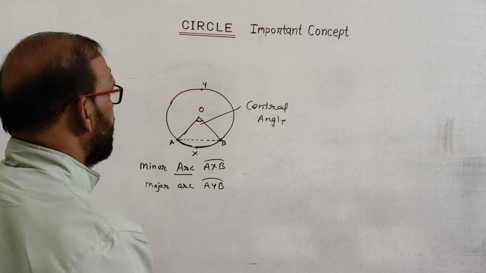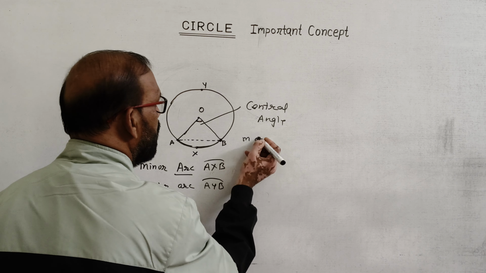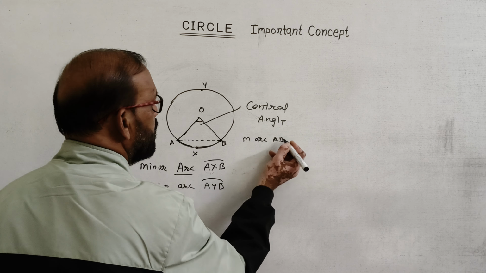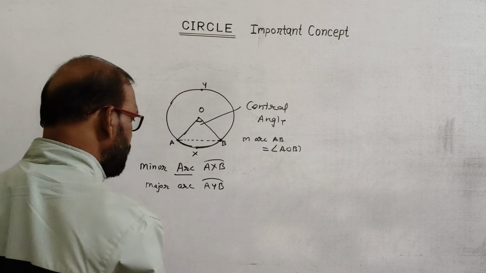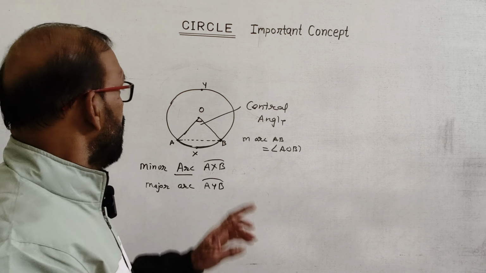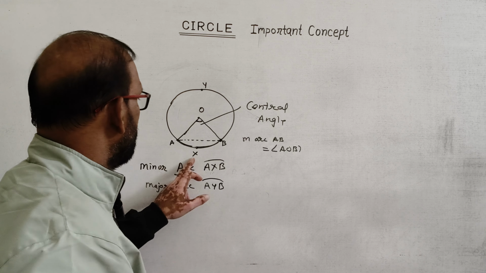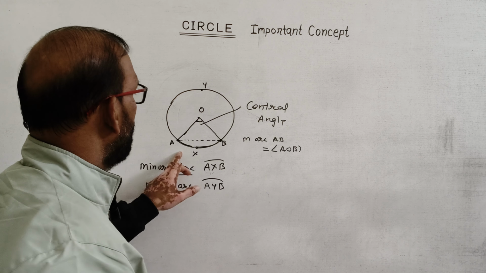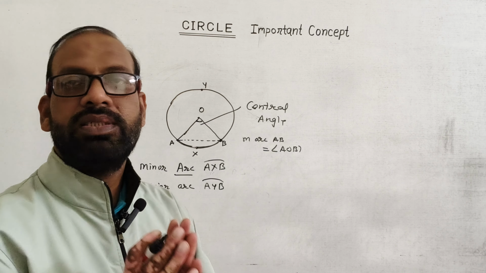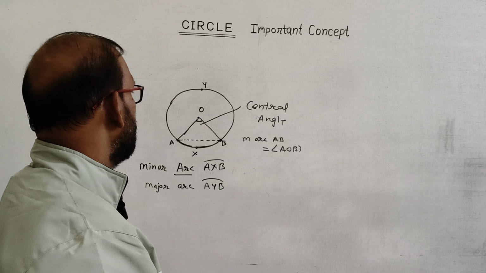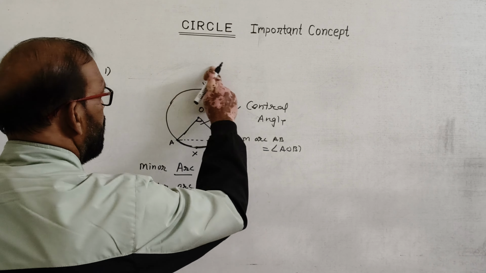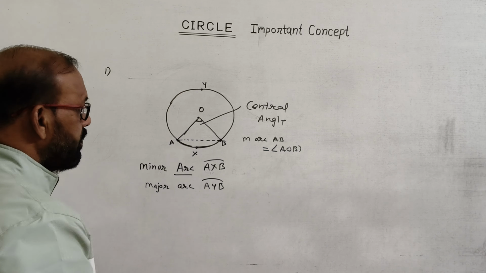So we can write measure of arc AB or AXB is equal to central angle AOB. Clear? So the measure of an arc is equal to the central angle.